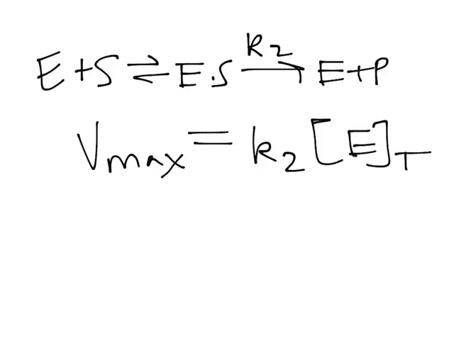We showed that in another one of the lecture videos. So that's the maximum rate that you can go. We're saying it's the total amount of enzyme because we're under conditions where the enzyme is completely saturated, so all of the enzyme is in the form of the enzyme substrate complex. We also then are going to call K2 kcat, and that's going to be an observed rate constant.